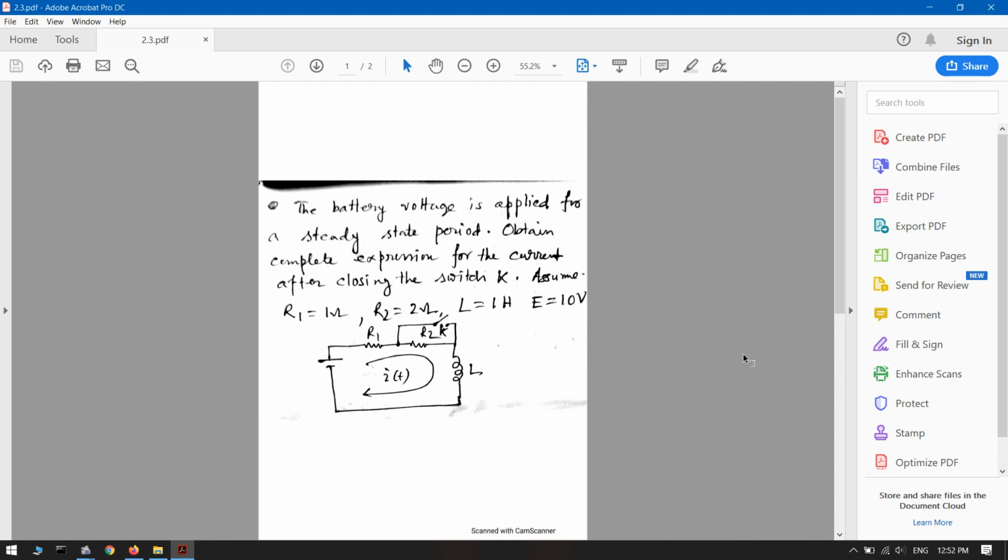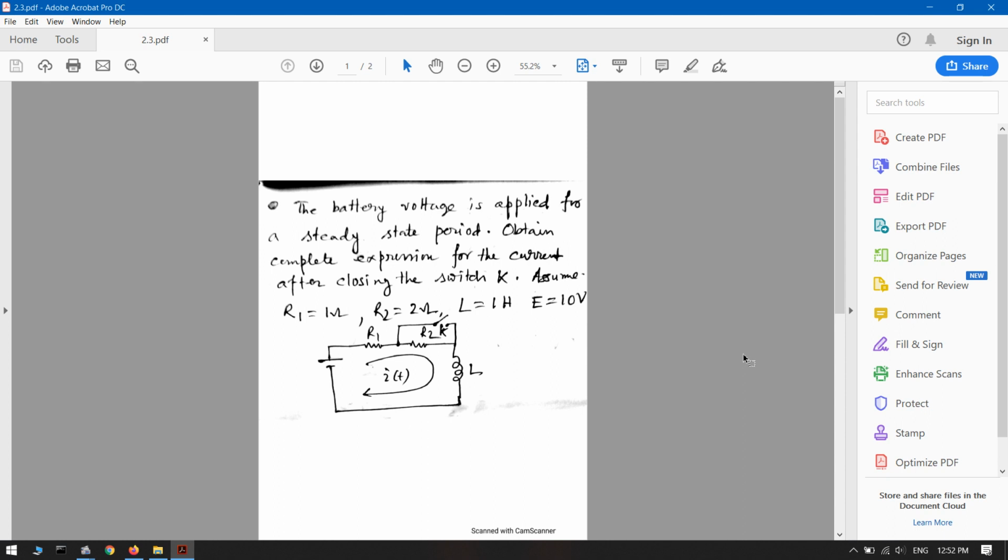Now take the Laplace transformation on both sides. So that will be E by S equals R1 into I(S) plus LS I(S) minus L I naught.